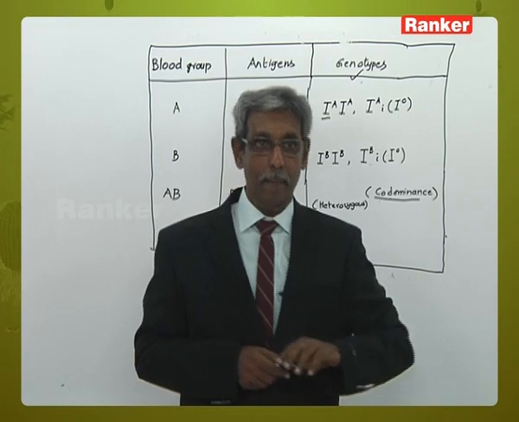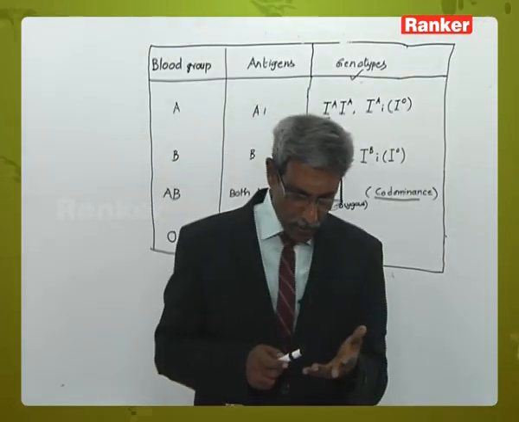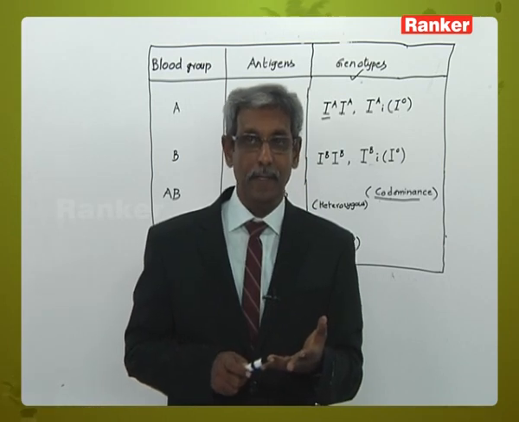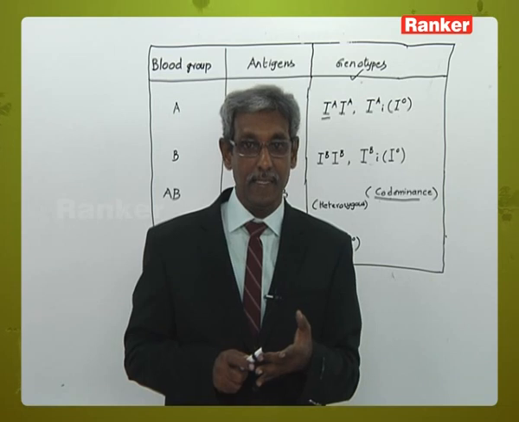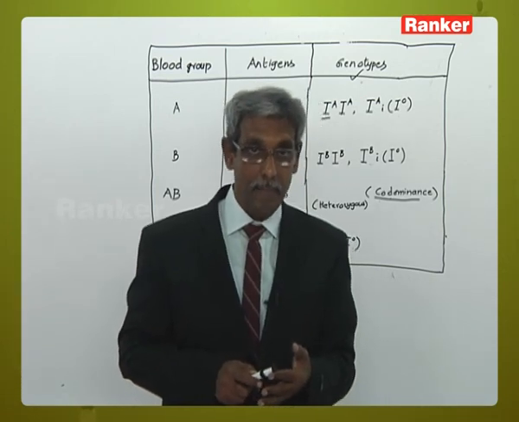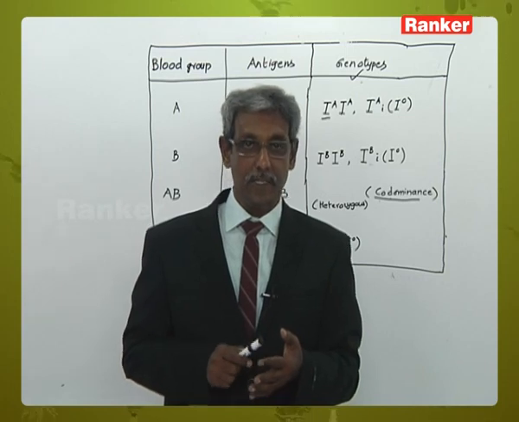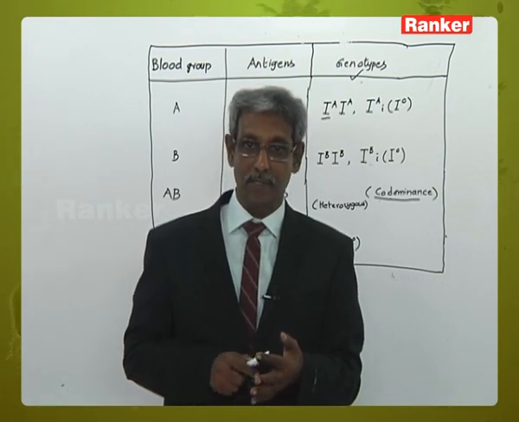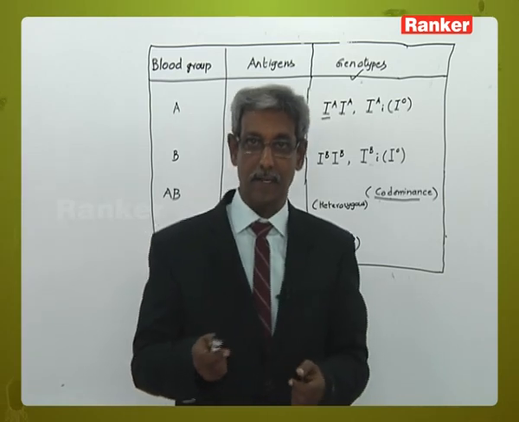This can be studied by checking the chart. So you should know the number of phenotypes is always 4, the number of genotypes is always 6, and there are 3 different alleles: IA, IB and i. The entire blood group inheritance is determined by a single gene, which is termed monogenic. It shows a monogenic pattern of inheritance.